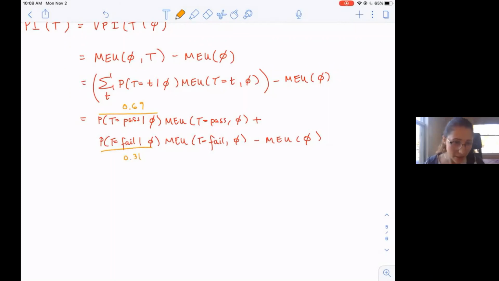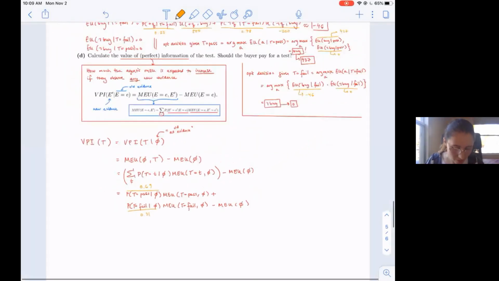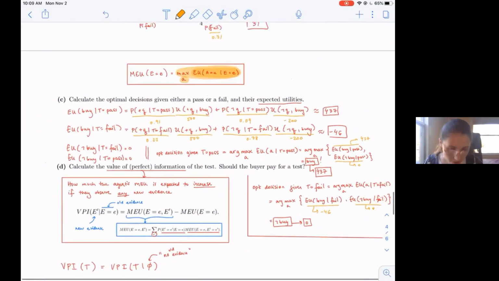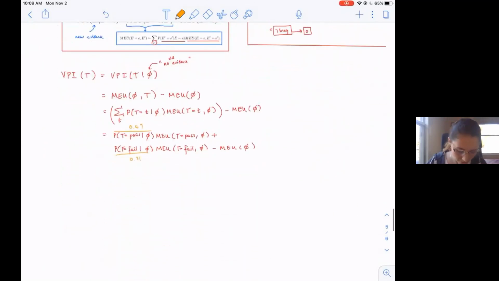And then what's the maximum expected utility of passing or failing? Well, that's something we also computed. We know that the maximum expected utility, if the car is actually passing, is to get $437.